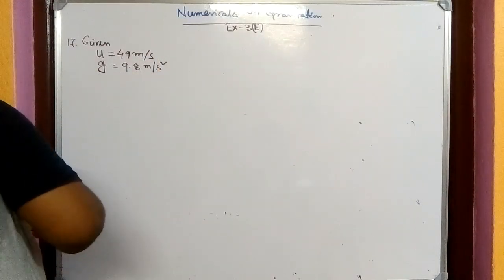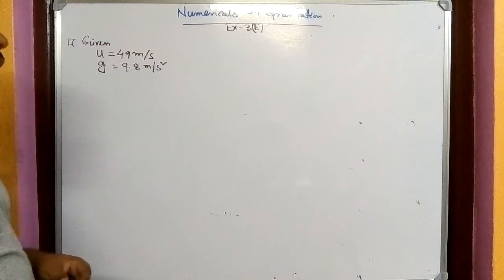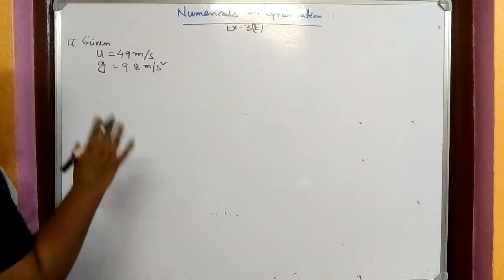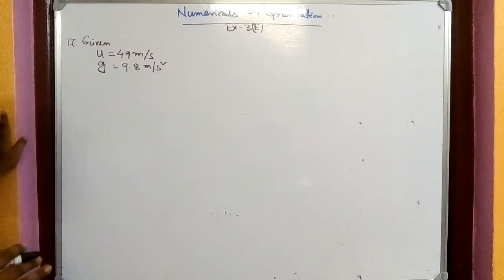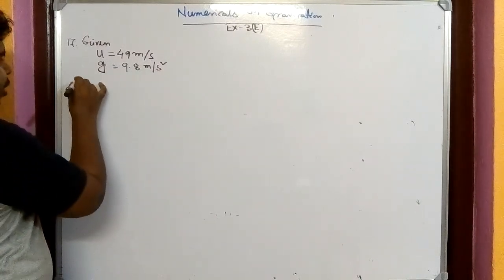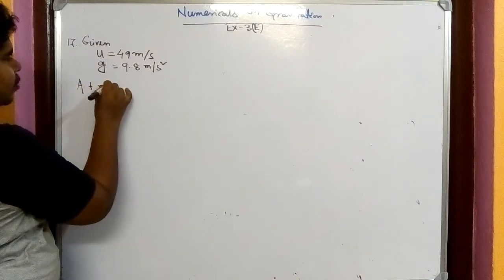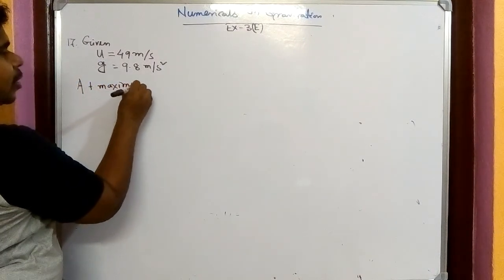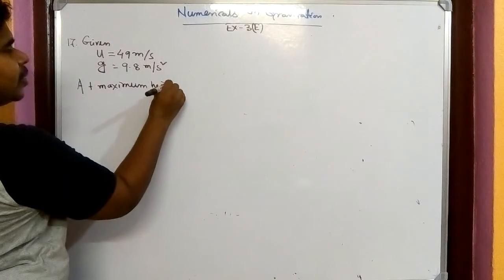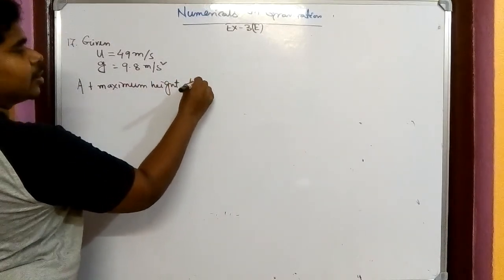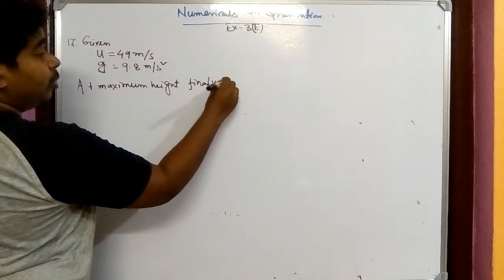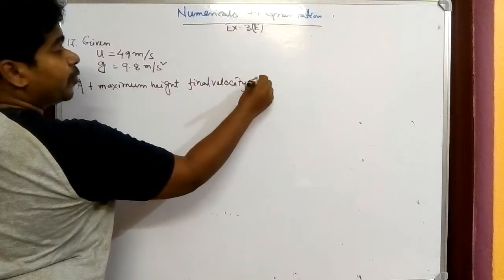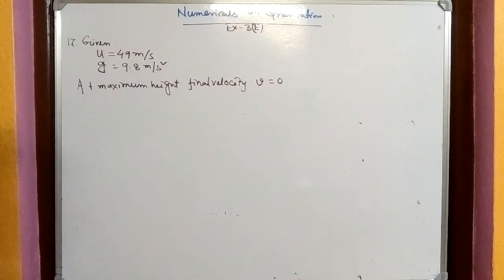Now the first target is to find the maximum height. Here one piece of information is given but in disguise, so we have to find it out. What is that? At maximum height, the final velocity, as we have seen in the previous numerical also, v equals 0.